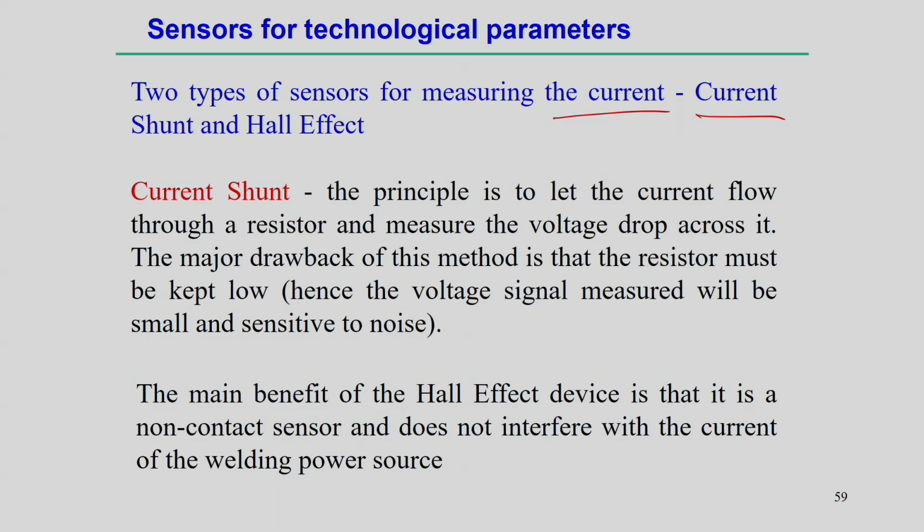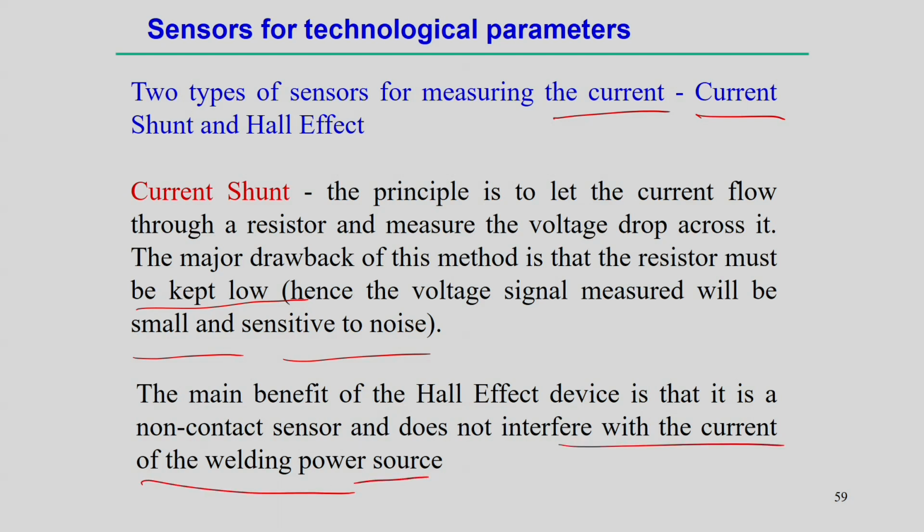The major drawback is that the resistor must be kept low, so the measured voltage signal will be small and sensitive to noise. In the case of the Hall effect device, it is basically a non-contact sensor and does not interfere with the current of the welding power source.